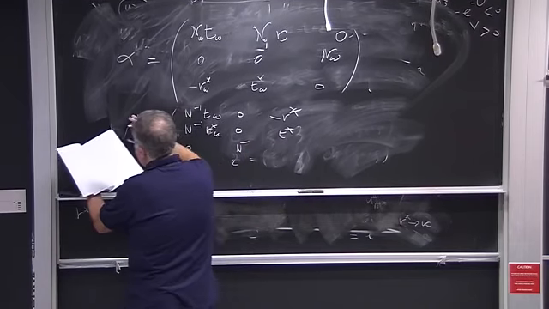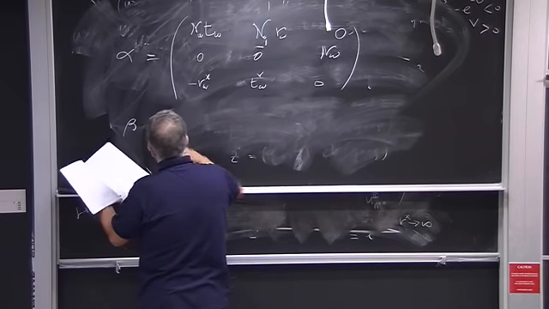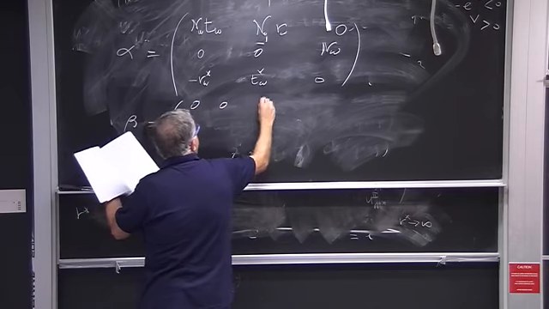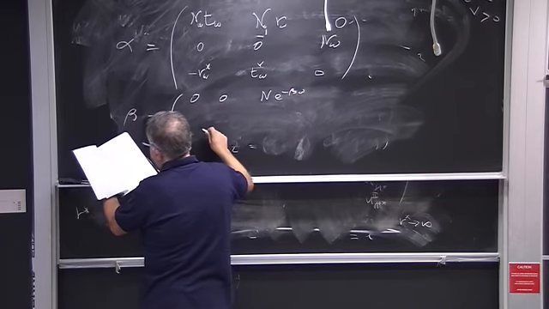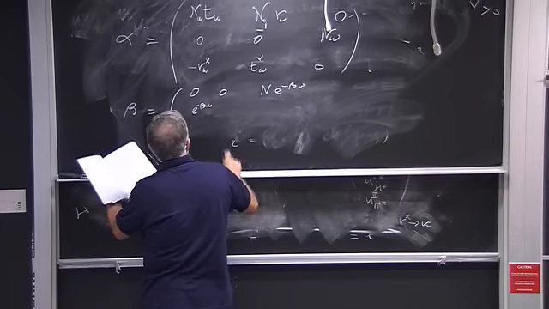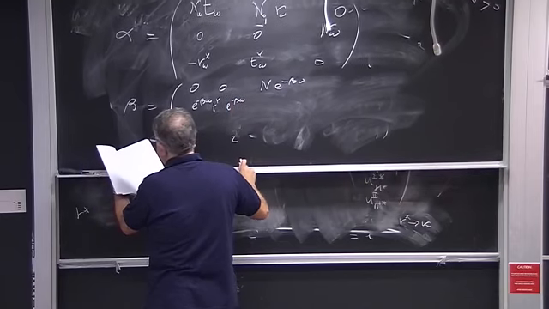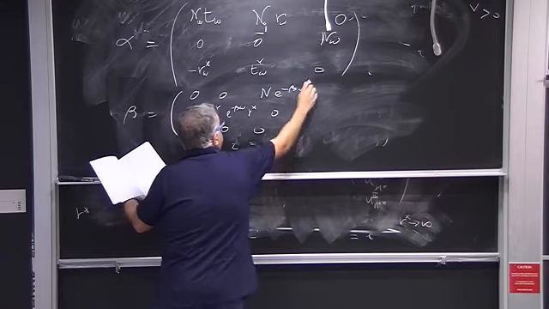Now this is alpha inverse, I'm sorry. I'm copying the wrong line. Beta is 0, 0, n e to the minus beta omega, e to the minus beta omega T star, e to the minus beta omega R star, 0, 0, 0, 0.